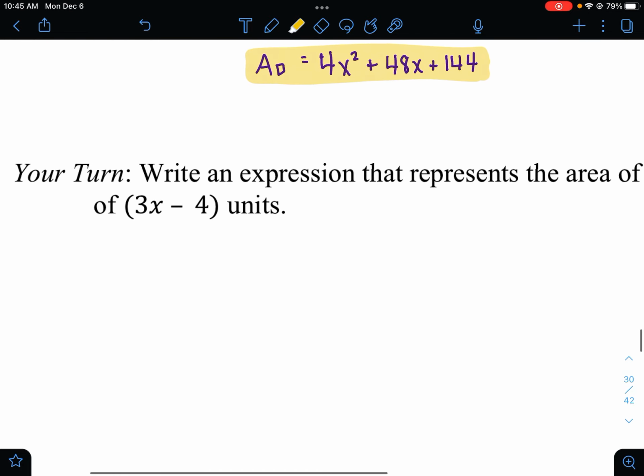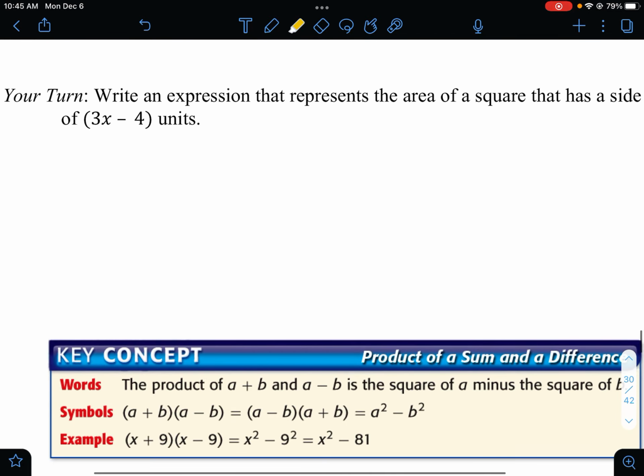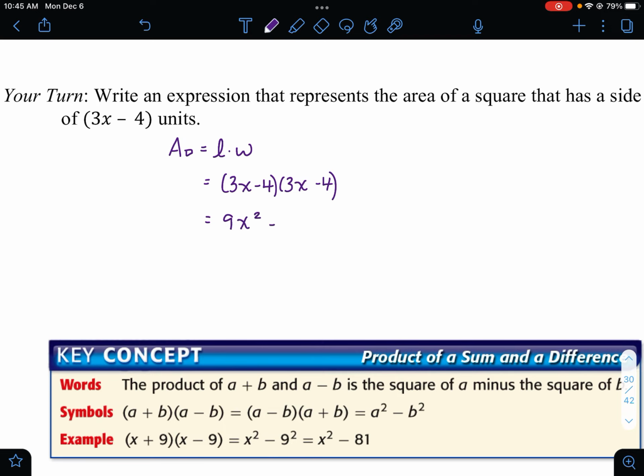Again, try the your turn, same type problem. Hopefully you got 9x squared minus 24x plus 16.